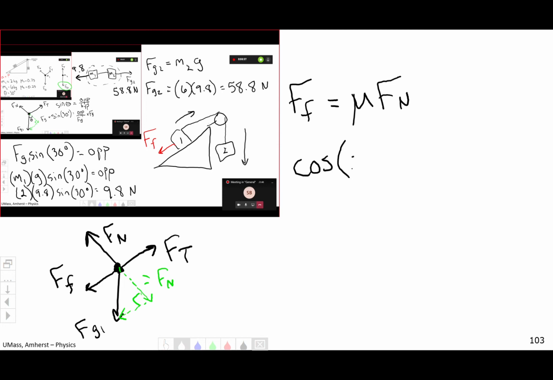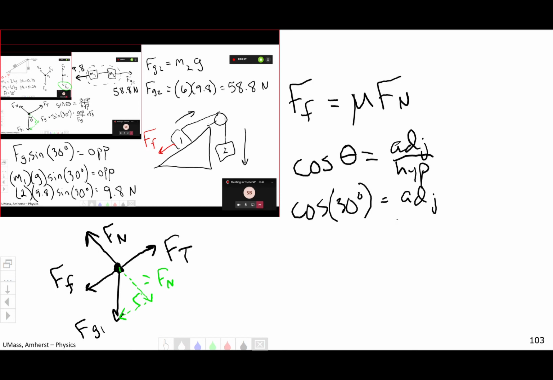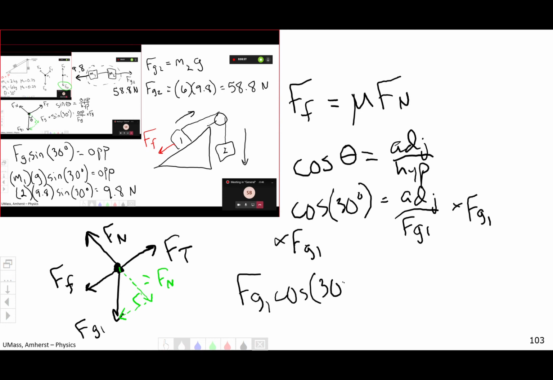So we're going to get cosine of theta equals the adjacent over the hypotenuse, meaning cosine of 30 degrees equals that adjacent side over FG1. And so let's multiply by FG1 on both sides. If we multiply by FG1 on both sides, we get FG1 cosine of 30 degrees equals the adjacent side.